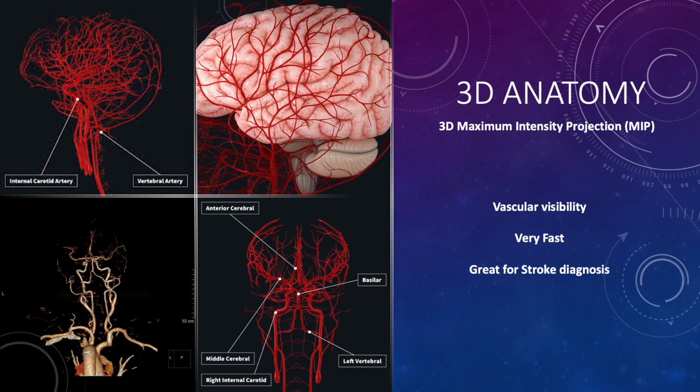Here is where we have the 3D maximum intensity projections, also known as a 3D MIP. It is a post-processing technique used in CTA head scans to visualize blood vessels by displaying them at their high-intensity voxels onto a 3D animation image. It enhances detection of strokes, stenosis, and malformation. It works by acquiring data with the use of the iodine contrast and the highlighted vessels.